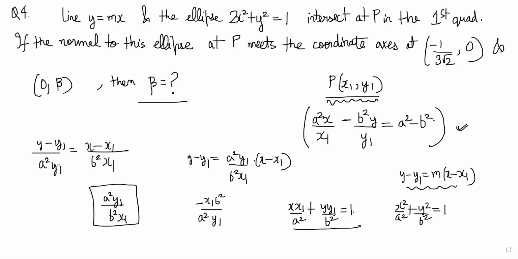Multiplying through, this comes in the form a square x by x1 minus b square y by y1 is equal to a square minus b square.